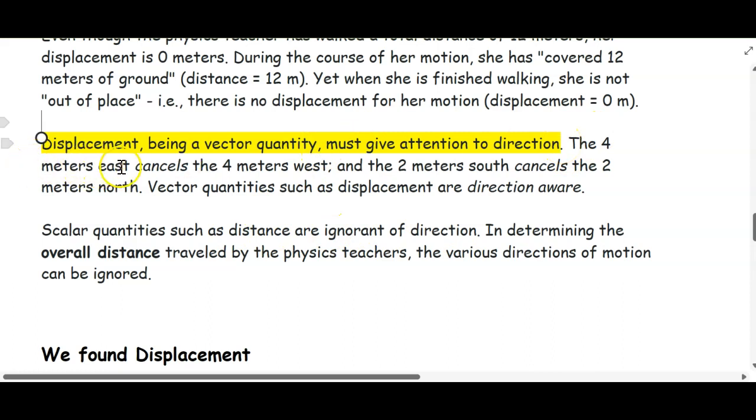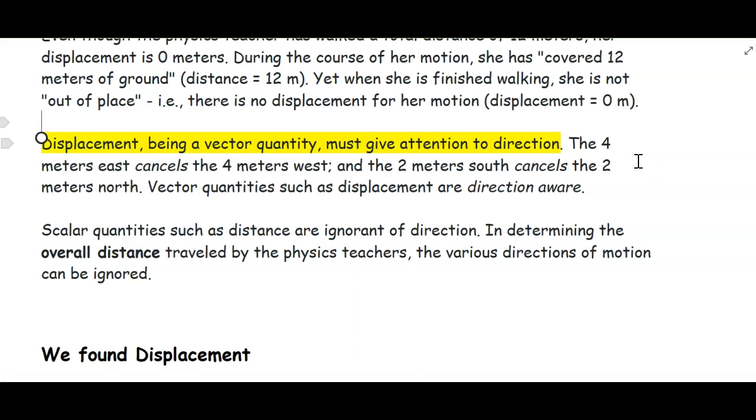The 4 meters east cancels the 4 meters west. The 2 meters south cancel the 2 meters north, which is why it ended up as a 0. Vector quantities such as displacement are direction aware. All right. Scalar quantities such as distance are ignorant of direction.